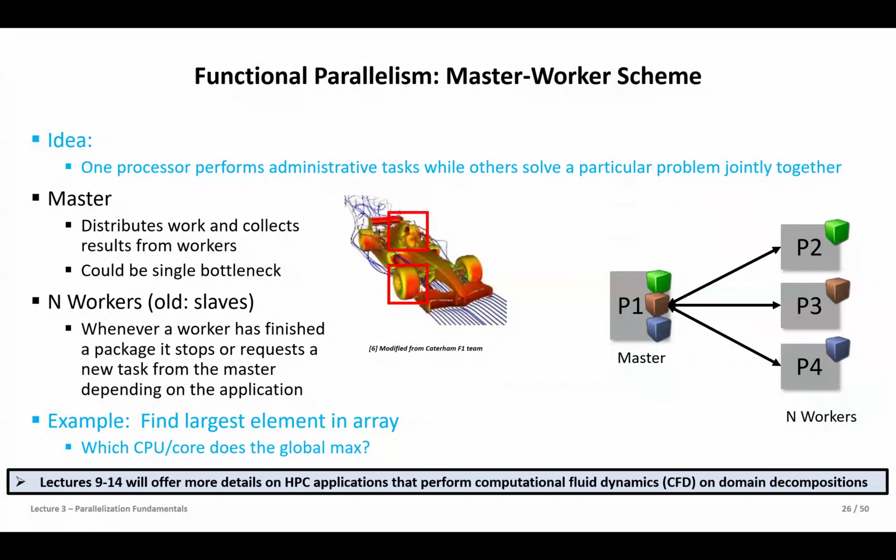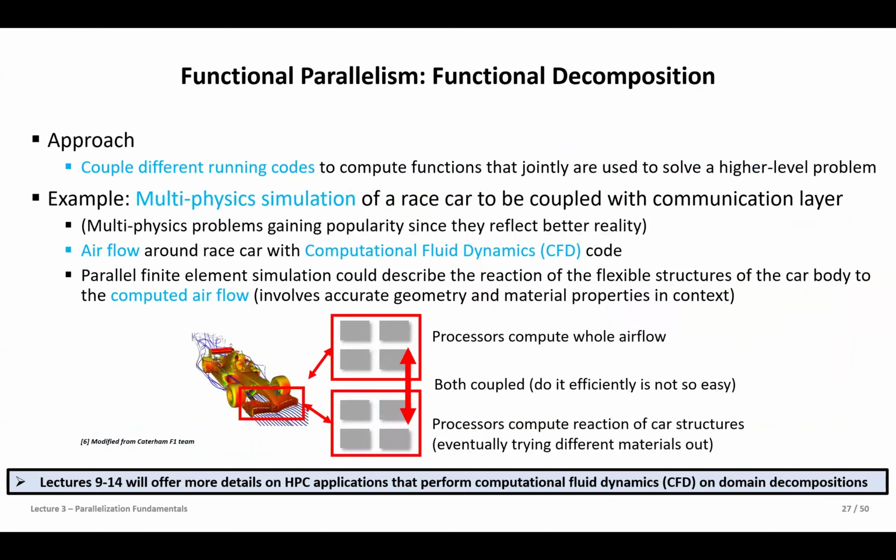But then, of course, we can understand that this master has more to do than all the workers, because he is also sort of a manager, while at the same time maybe taking his own elements of the domain. Or he's just responsible for shifting the data away that you see here and doesn't do anything but the distribution, the collection, and reporting the maximum. Then you can better go against this load imbalance a little bit, right?